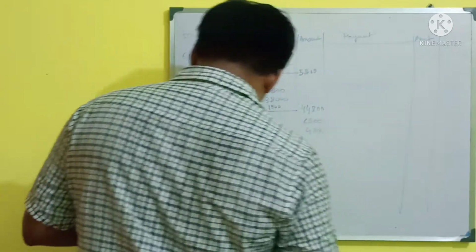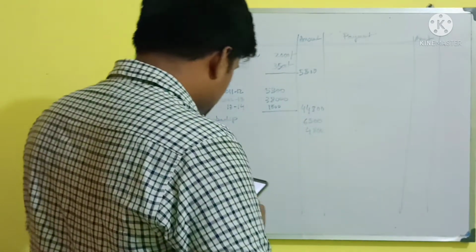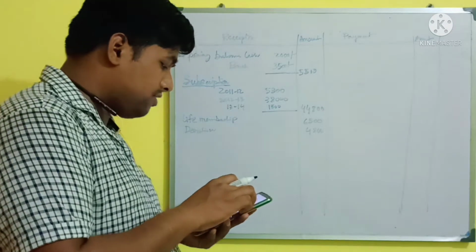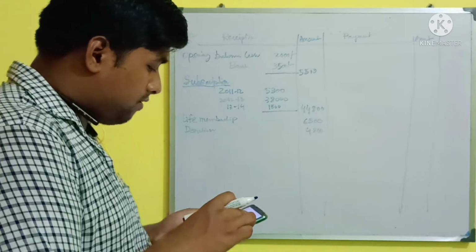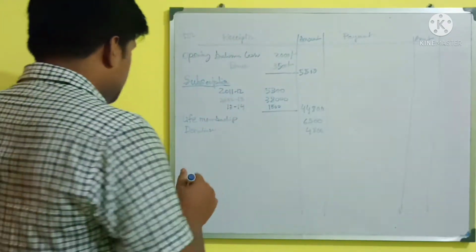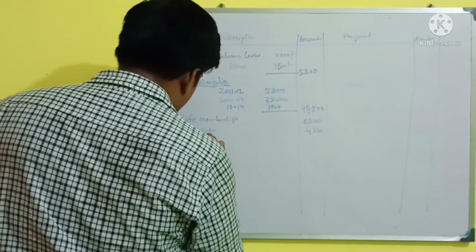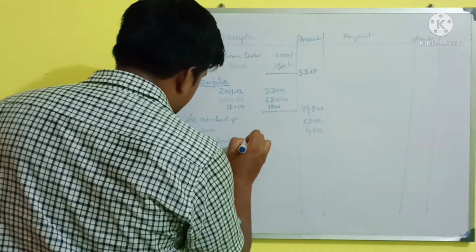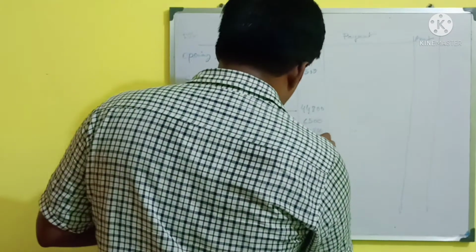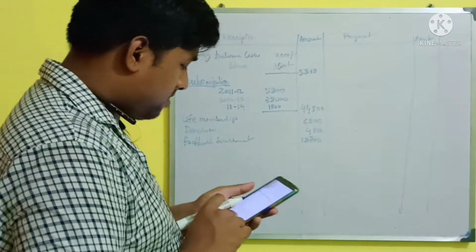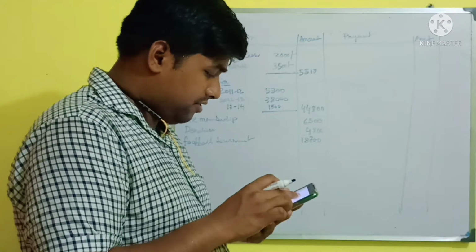Now we can see another entry of receipt, which is showing receipt for football tournament rupees 18,700. Let's see, is there any other receipts entry?